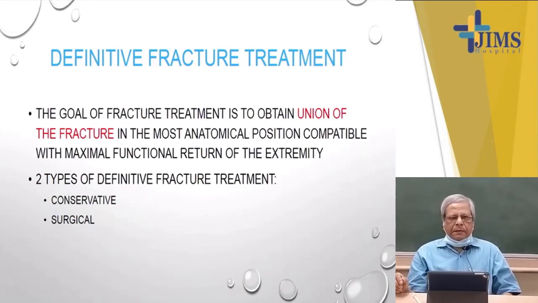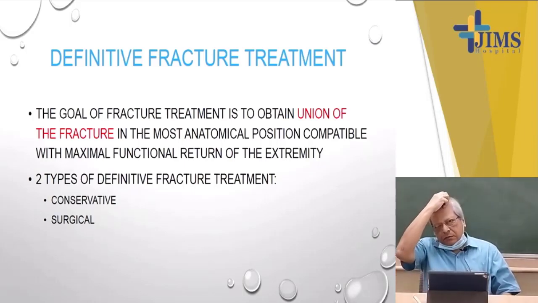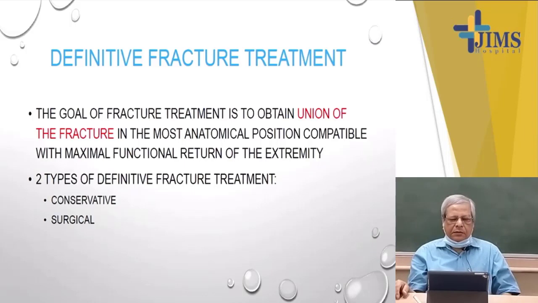Now, after the primary phase, that is, for a closed fracture, application of splintage and analgesic injections, mostly diclofenac, the pain is subsided. We go for an X-ray examination. Of course, if there are so many fractures in so many limbs, in polytrauma, one has to consider the resuscitation of the patient.